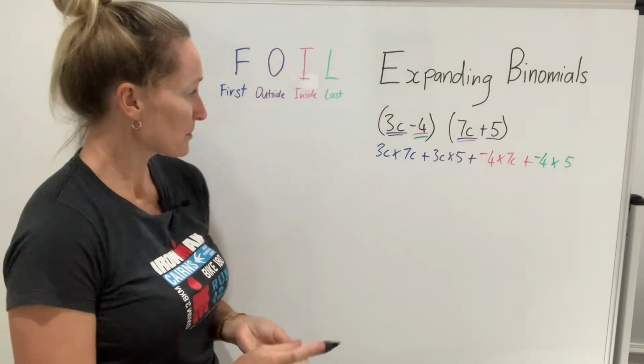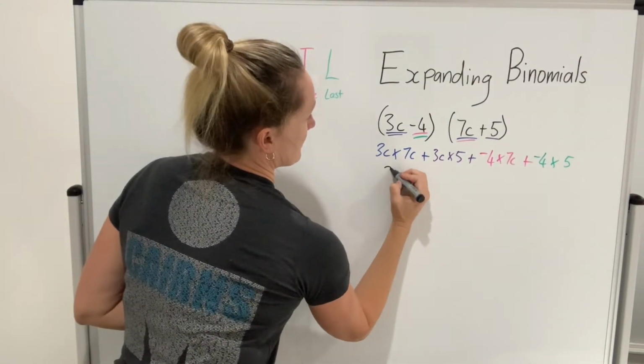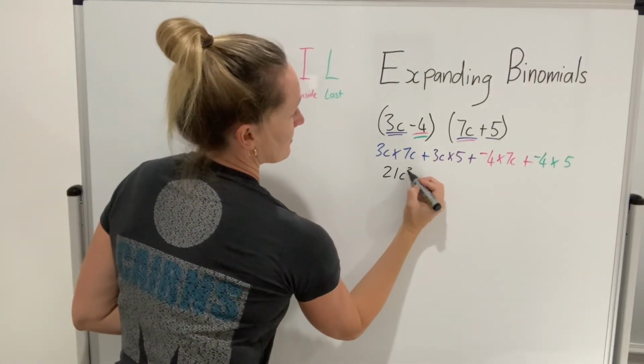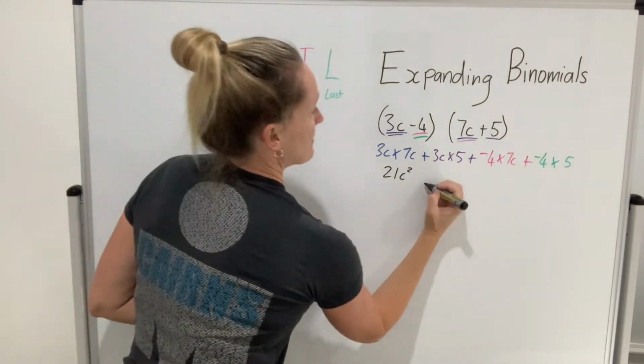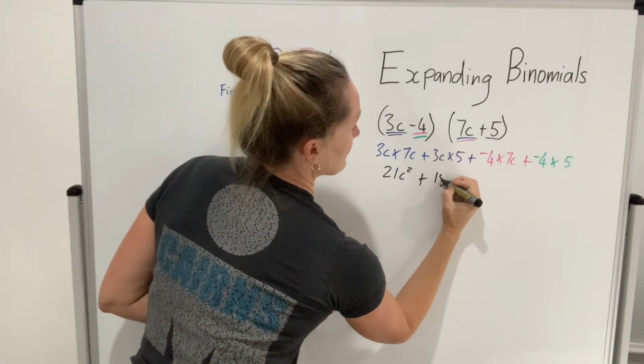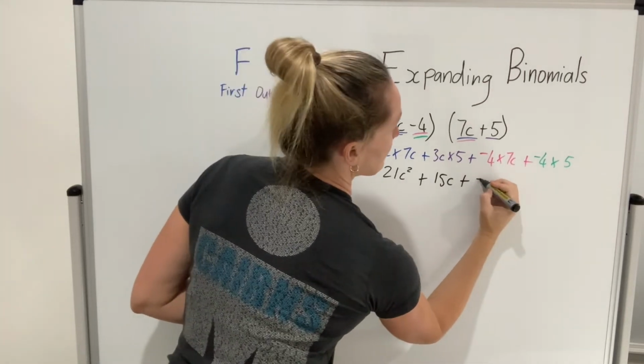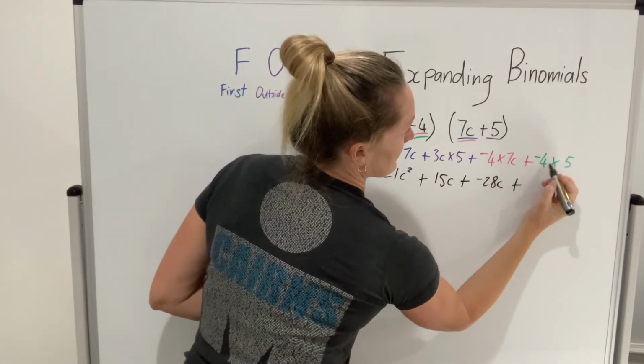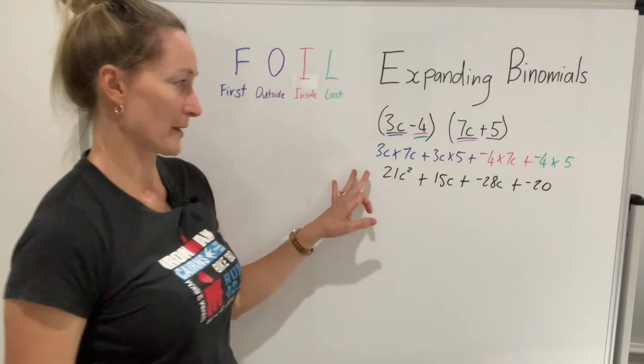From there you would have multiplied, so we'll get 21c to the power of 2, c times c, plus 15c plus a negative 28c plus a negative 20.